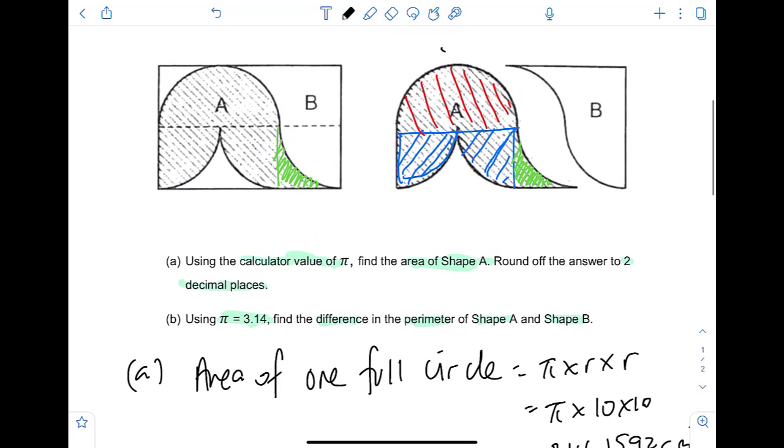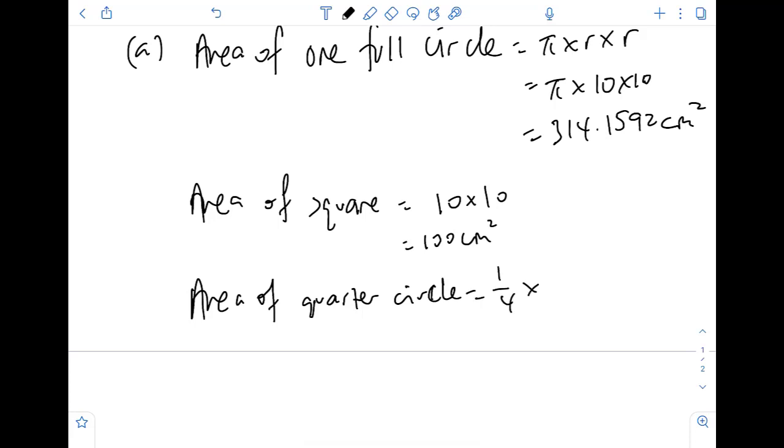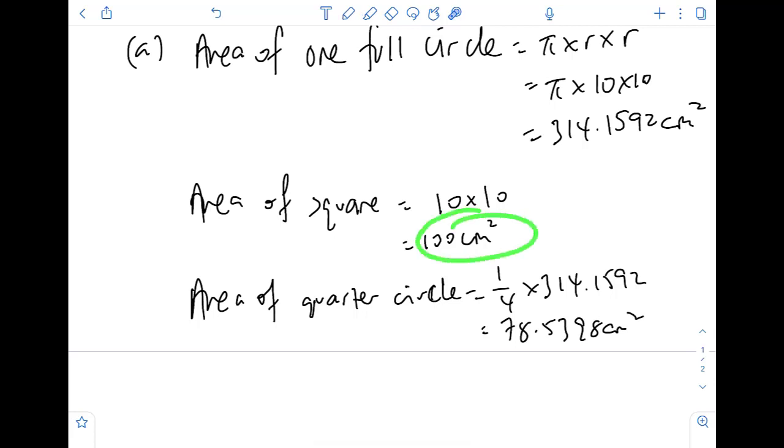And we take this minus away the area of a quarter circle. Area of quarter circle will be 1/4 times the area of a full circle, which is 78.5398 square cm.